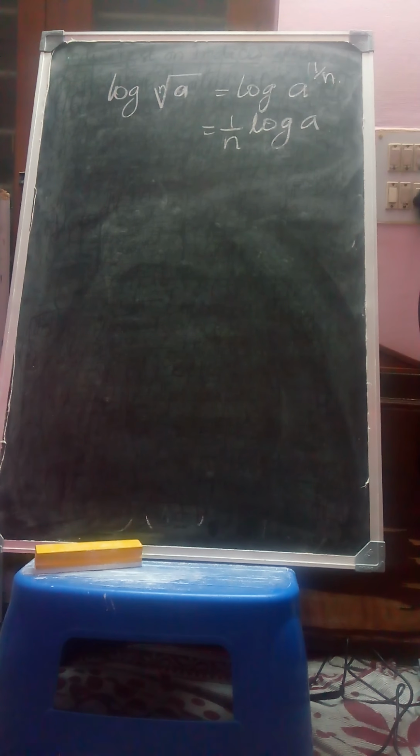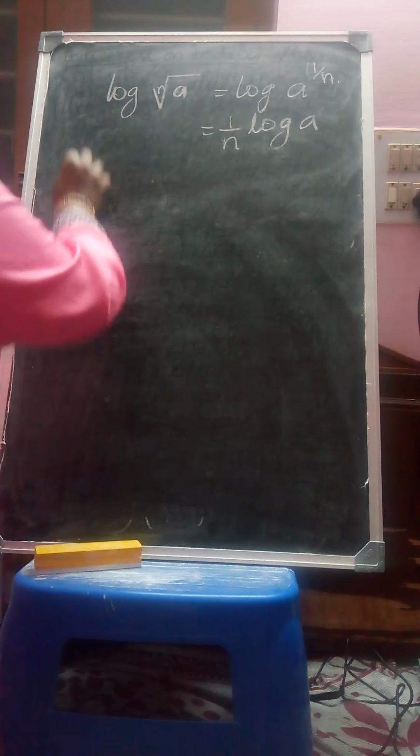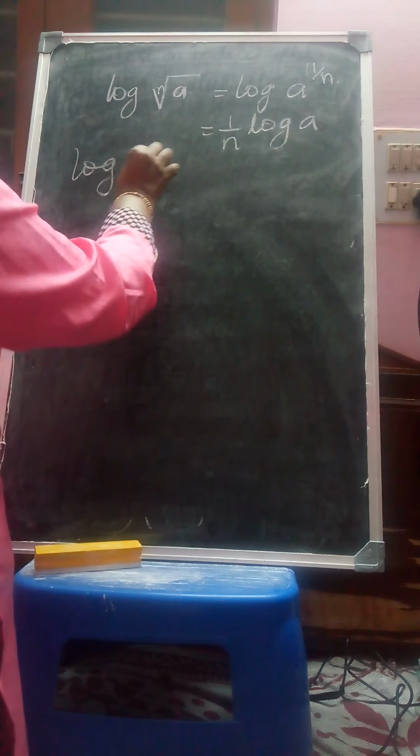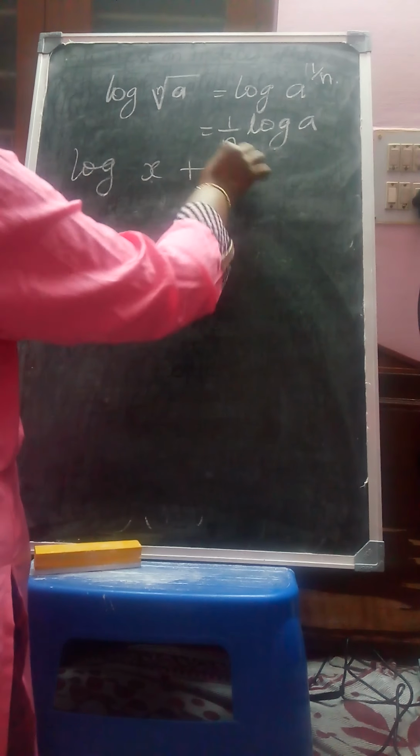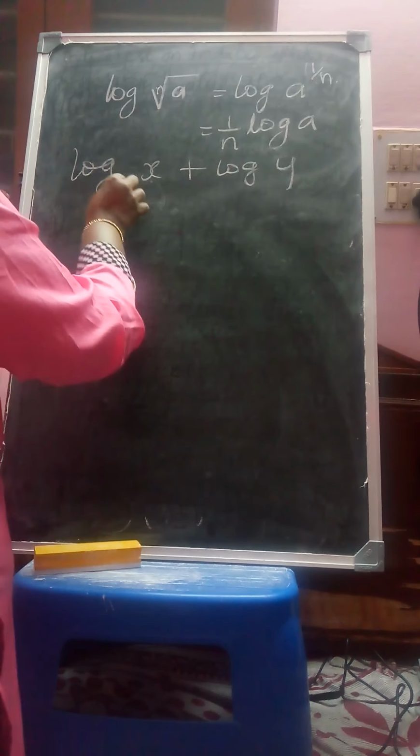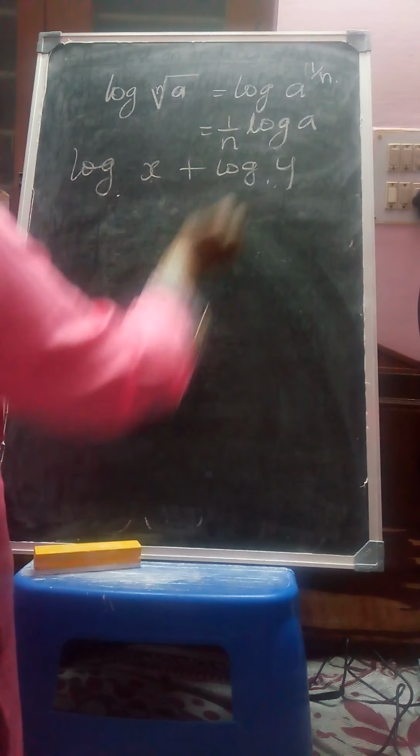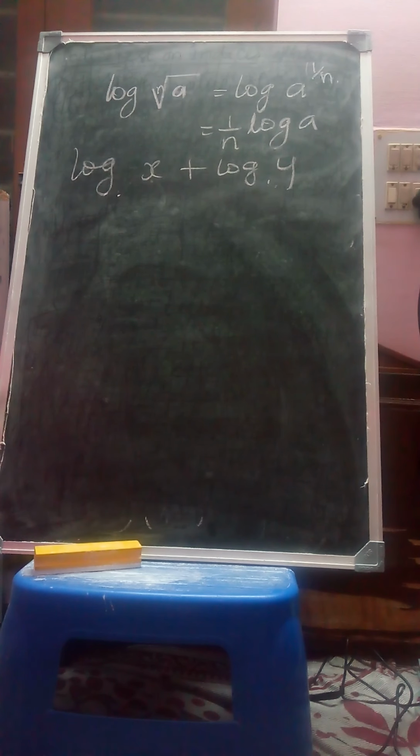Now usually log will be given like this, log x plus log y and all. When they don't give the base, it is understood the base is 10, and we call this common logarithms.